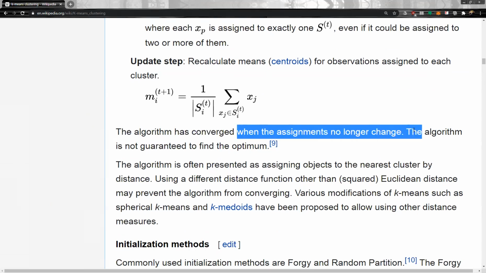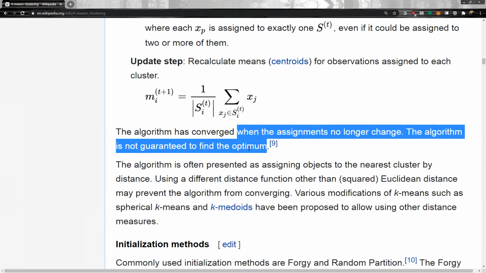The algorithm is not guaranteed to find the optimum. We may get stuck in some local optimum, but in many cases it finds a good solution. The algorithm is often presented as assigning objects to the nearest cluster by distance.